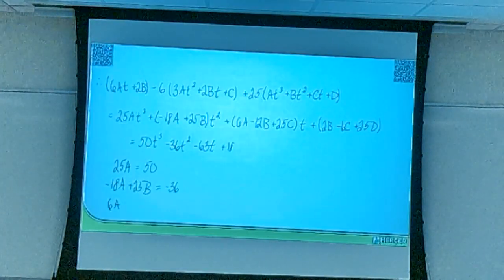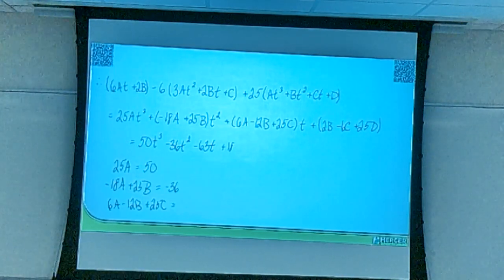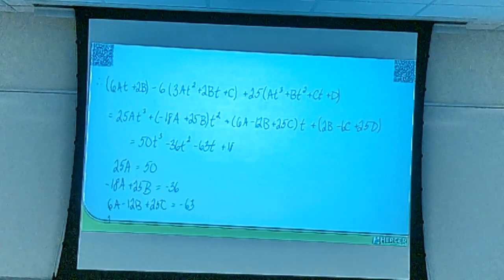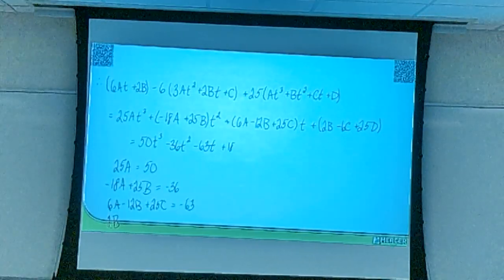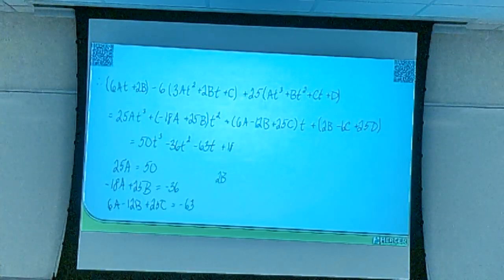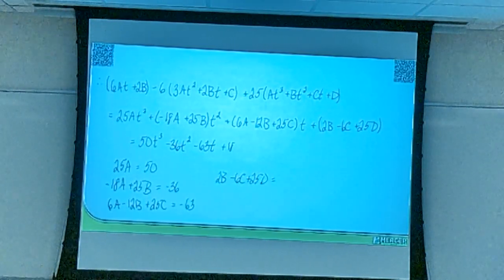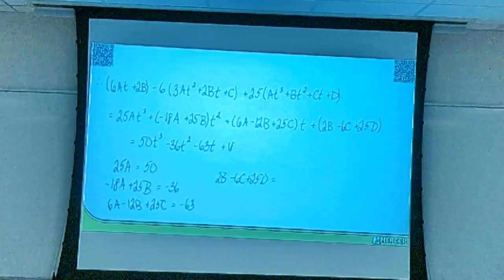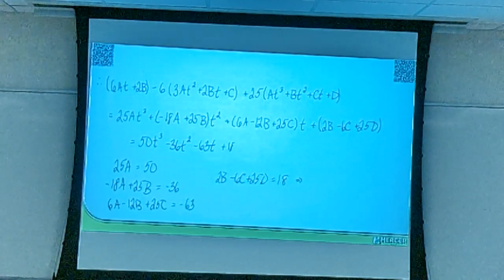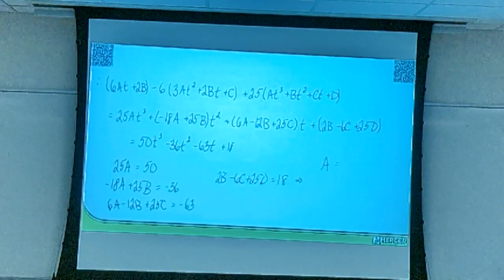And 6a minus 12b plus 25c has to equal what? And then finally, 2b, okay. And then 2b minus 6c plus 25d, what does that have to equal? This is actually not that difficult to solve. Right away, you should get a is 2, right?